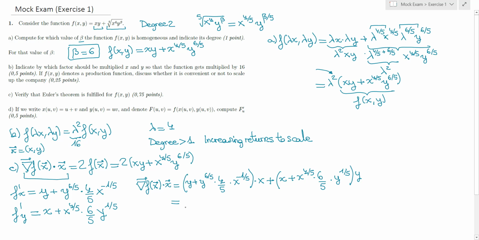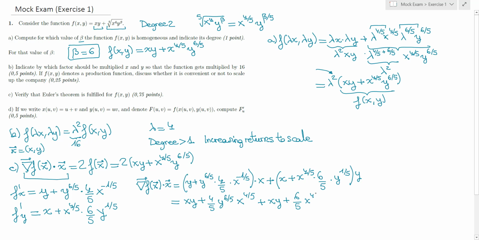We have xy plus y times 4/5 of y to the 6/5, and x to the minus 1/5 times x is x to the 4/5, plus, and you can see that now you get the same quantity, xy plus 6/5 of what?